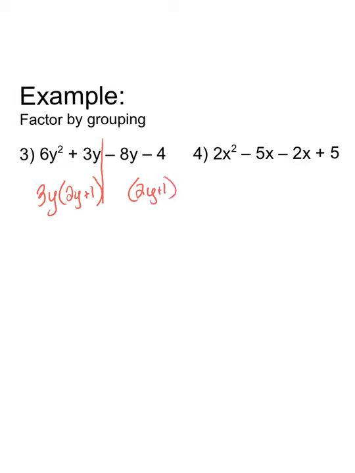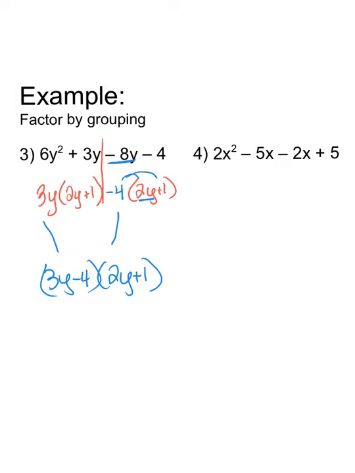So if I look, negative 8y divided by 2y is negative 4. And if I quickly distribute, I know that's a good greatest common factor because I will get negative 8y and negative 4. So my factors here are 3y minus 4 and 2y plus 1.